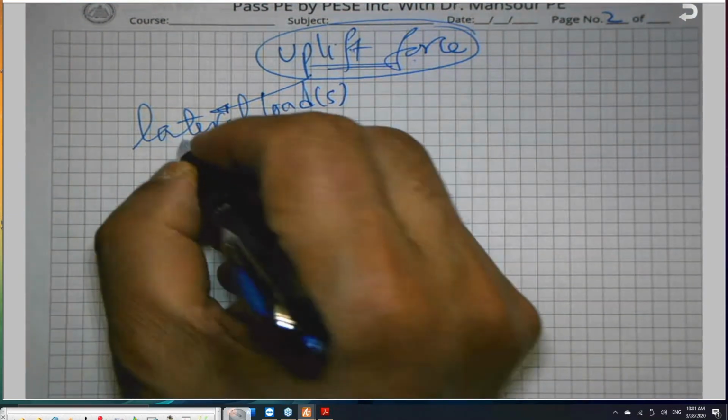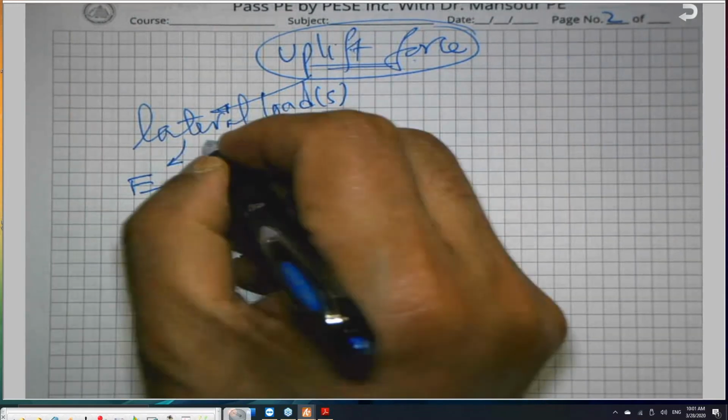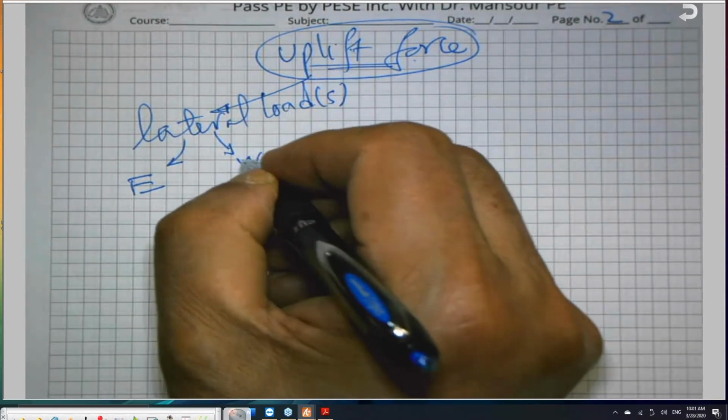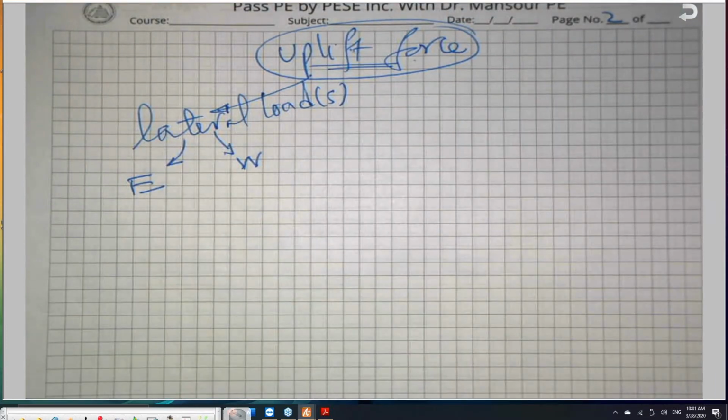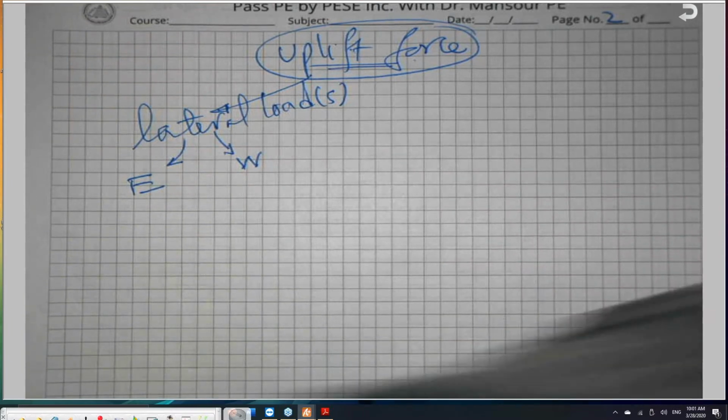And lateral loads, as you know, are due to earthquake load, due to wind, or due to the earth pressure, which is the lateral earth pressure.